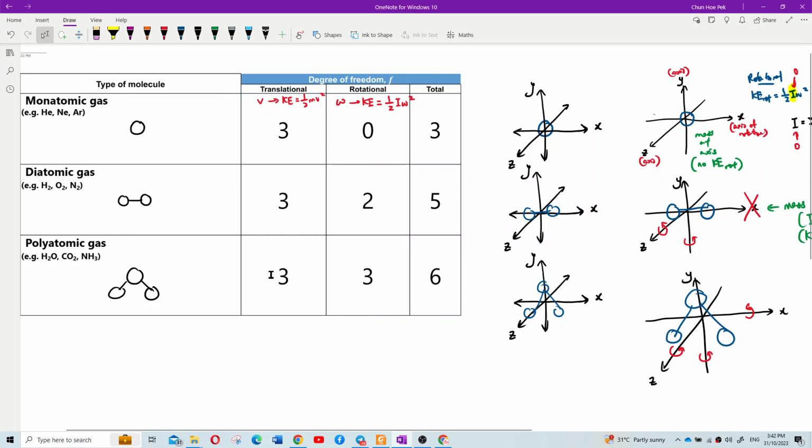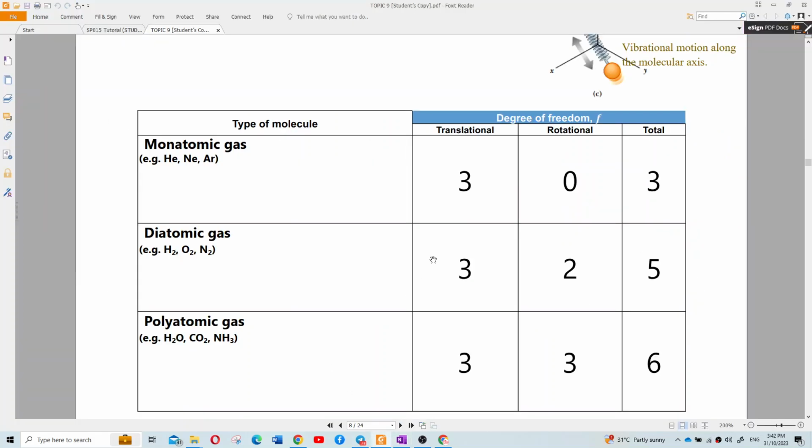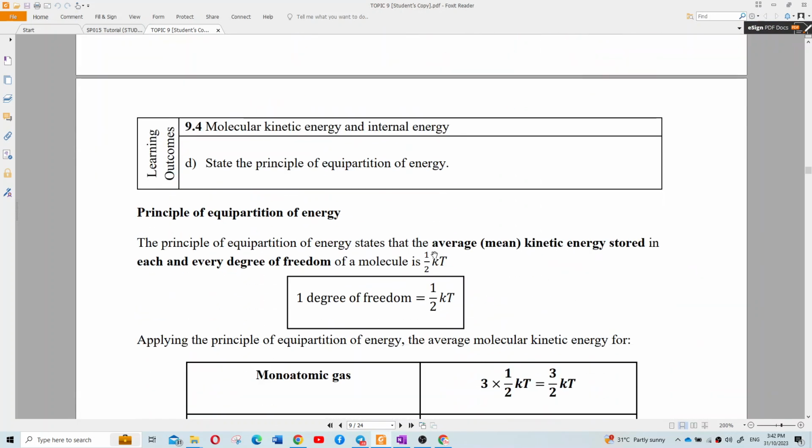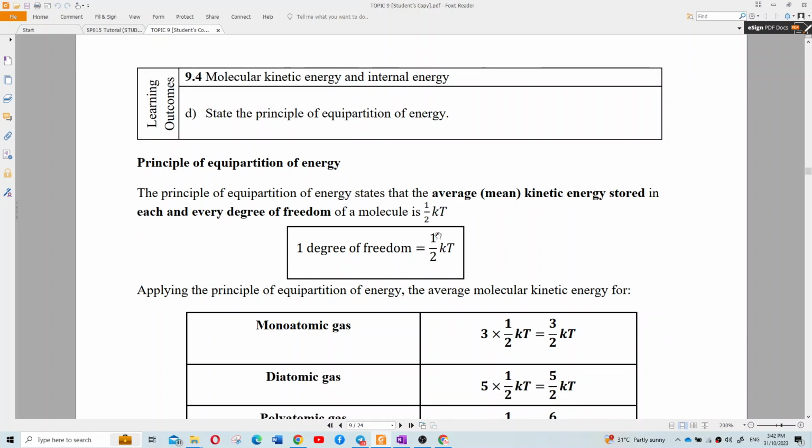Now, continue. What is the formula to calculate the kinetic energy? This is the formula: 1 degree of freedom equals half kT. Remember, 1 degree of freedom is half kT.